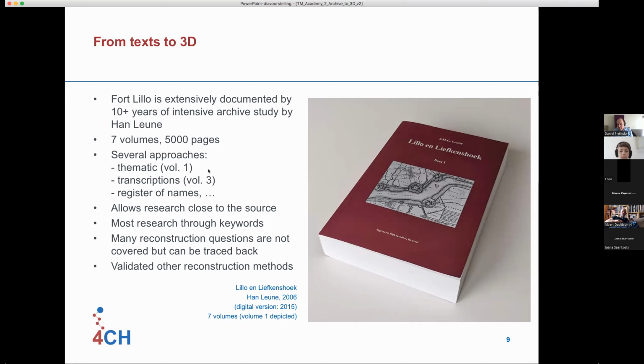But there are many other practical details, practical things that are not described, and then we can find them back in these transcriptions. And luckily, we have the version of this book in a digital form.